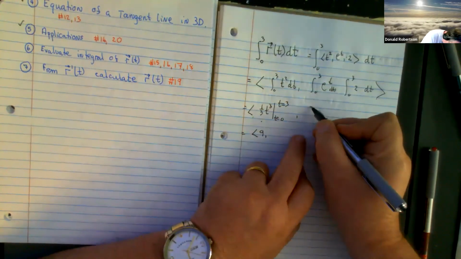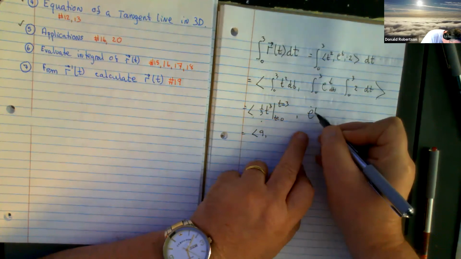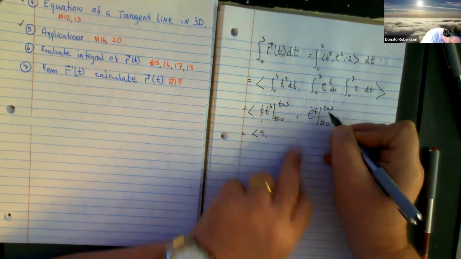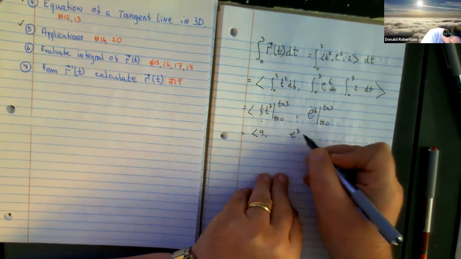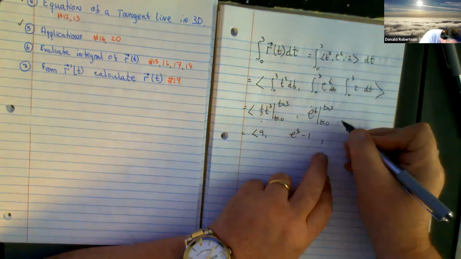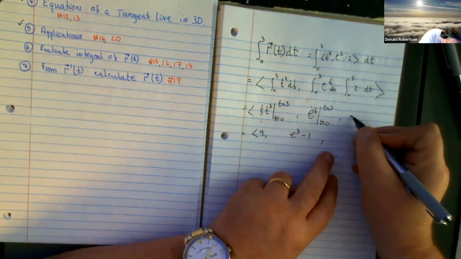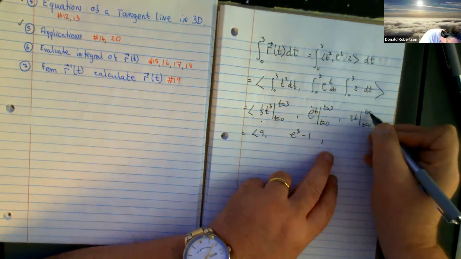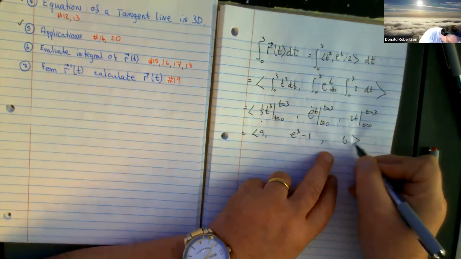And if you integrate this fella, you'll get e to the t evaluated from 0 to 3, and that will get you e cubed, take away 1, because e to the 0 is 1. And if you do the last one, that's this one here, well, you get 2t evaluated from 0 to 3, and that ends up being 6.